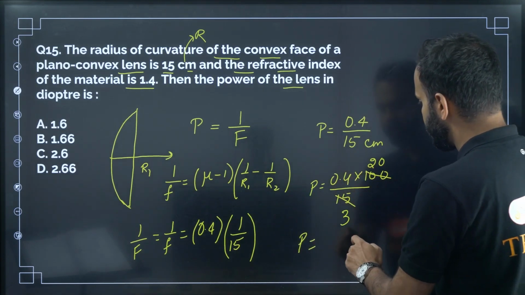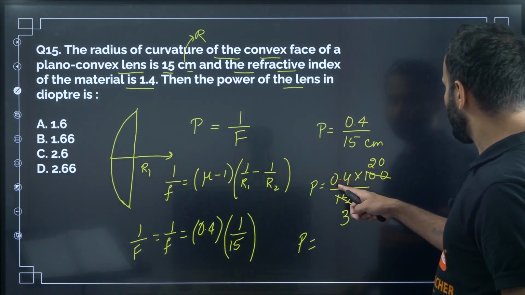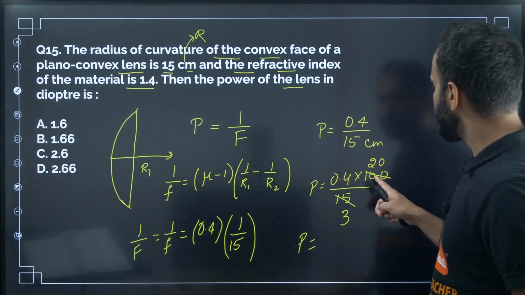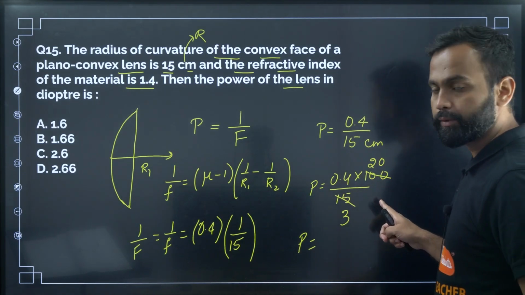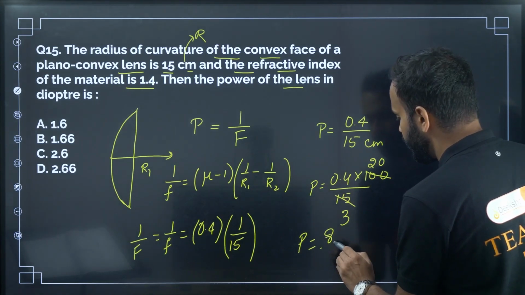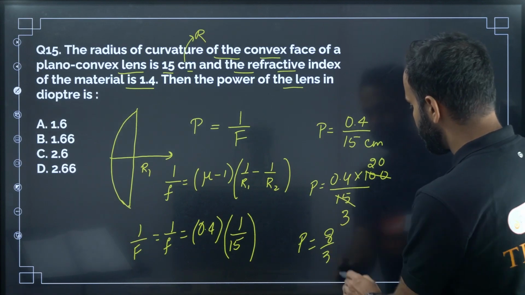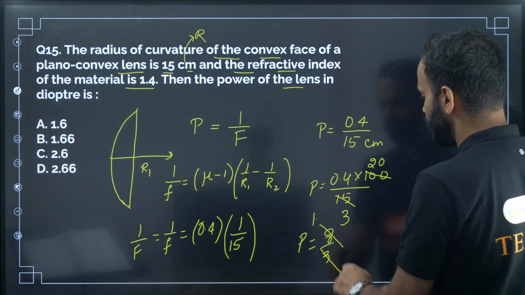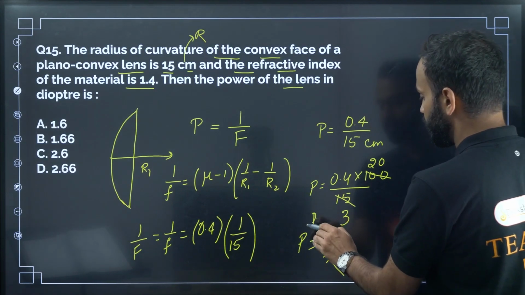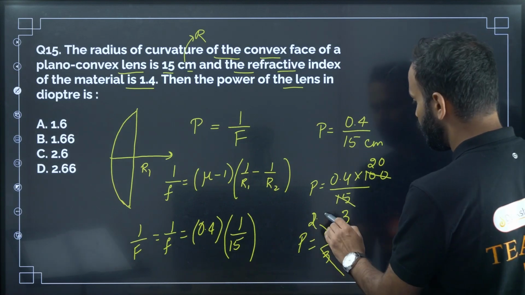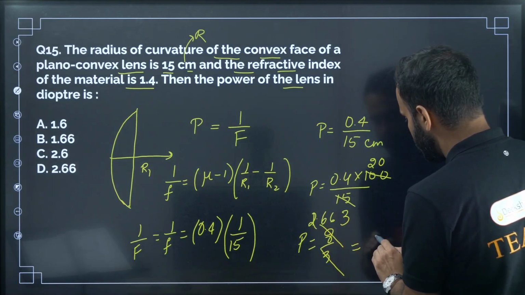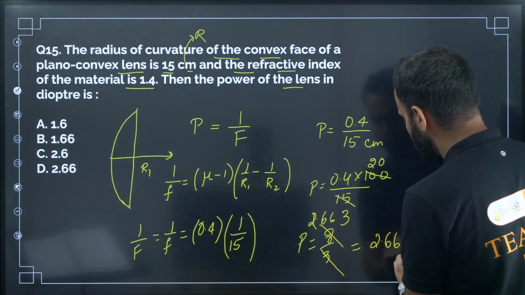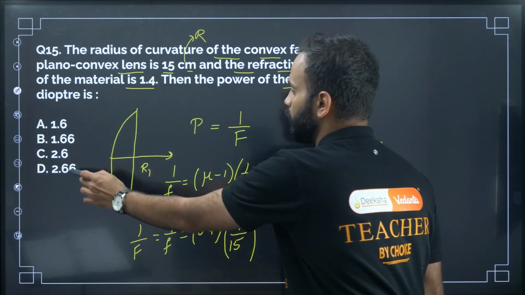So this will be 8, since 4 into 20 is 80, and 8 into 10 to the power minus 1 is 8. So 8 divided by 3, 3 2s are 6, so 2.66. So the power of the lens is 2.66 diopter. So the correct option is D.